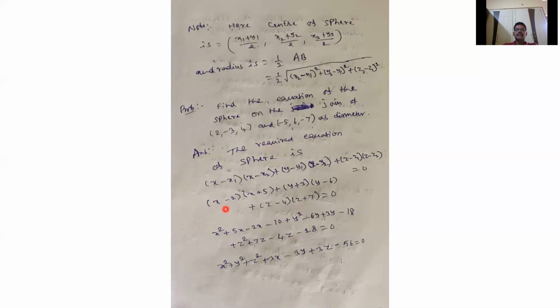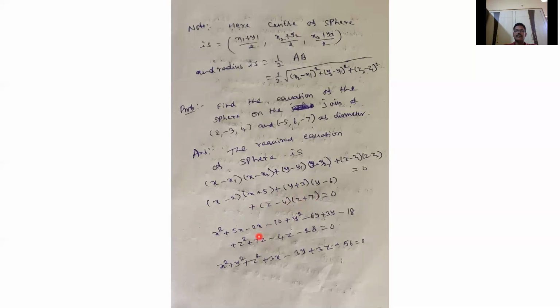So here x1, y1, z1 is 2, minus 3, 4 and x2, y2, z2 is minus 5, 6, minus 7. So (x minus 2)(x plus 5) plus (y plus 3)(y minus 6) plus (z minus 4)(z plus 7) equals 0. So here we are getting x square plus 5x minus 2x minus 10, y square minus 6y plus 3y minus 18, plus z square plus 7z minus 4z minus 28.